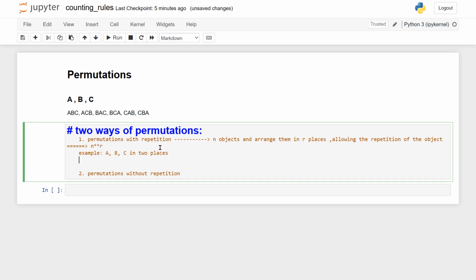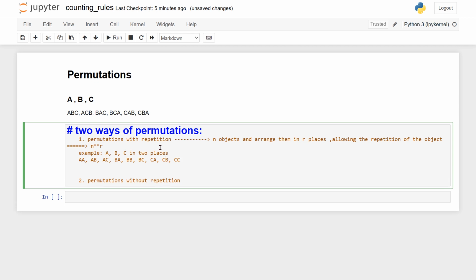The possible permutations would be, let's go in a sequence: A A, A B, A C, then B A, B B, B C, C A, C B, C C.